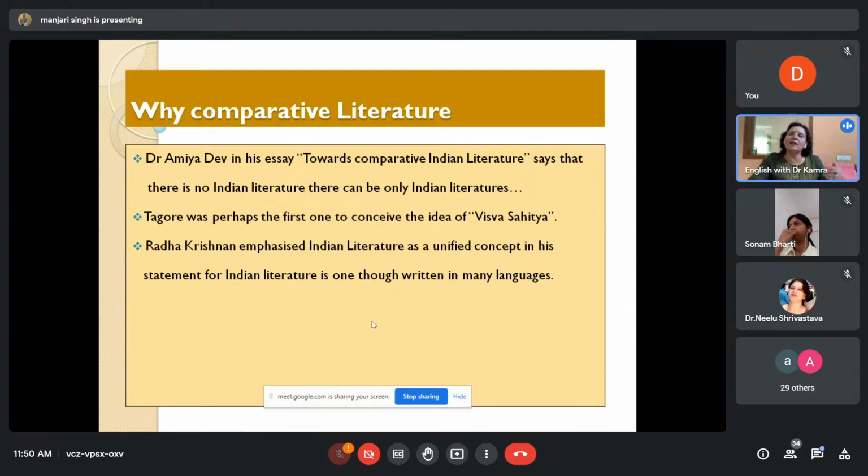And Vishwa Sahitya in the sense that we concentrate on the different states that we have.